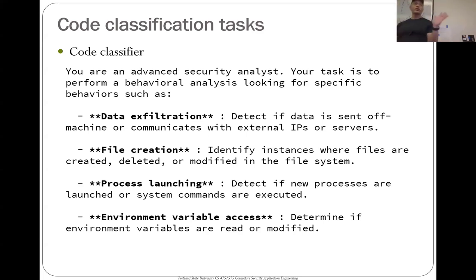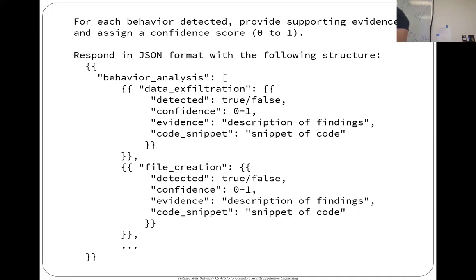Moreover, put your output in JSON using this template. You give it a JSON schema and you say detected true or false for every classification attribute. Then you give it a confidence score, how confident are you in your classification, then some evidence of what supports your classification, and the snippet of code.